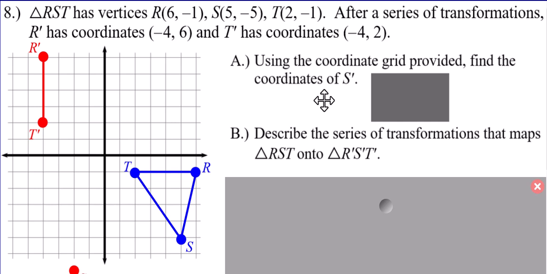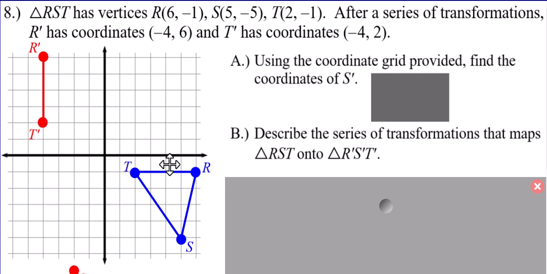Okay. Well, we kind of need to figure out what type of transformation this was. Was this a reflection? Was it a rotation? Is it a dilation? Well, it doesn't look like it's a dilation. From T to R, it was 1, 2, 3, 4, and now it's 1, 2, 3, 4. So it's not a dilation because the line segment RT or R prime T prime is congruent to RT.